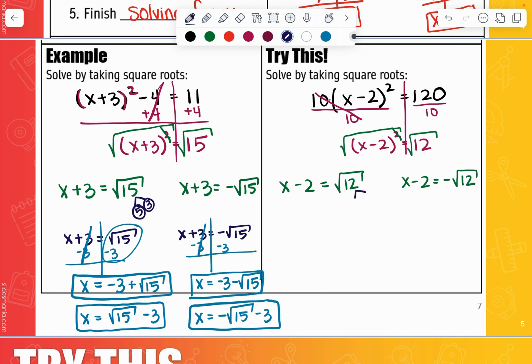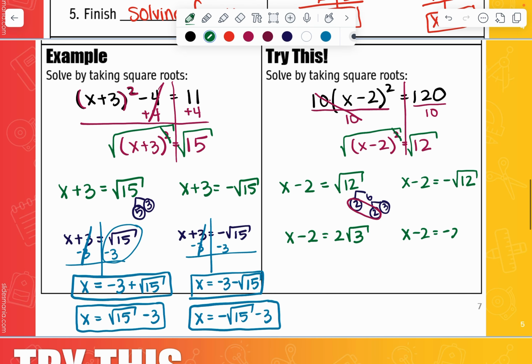It's not a perfect square root, unfortunately, but we can break these numbers down and we can see that we have a pair of 2's. So the square root of 12 could be written as 2 square root of 3. So that means on the other side, x minus 2, we have negative 2 square root of 3.